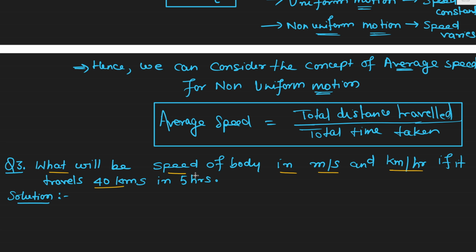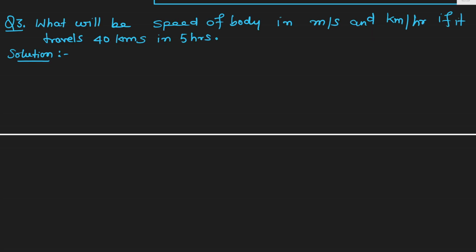So what is the formula for speed? Total distance upon total time. Here we'll write the given: distance equal to 40 kilometer and time equal to 5 hours.